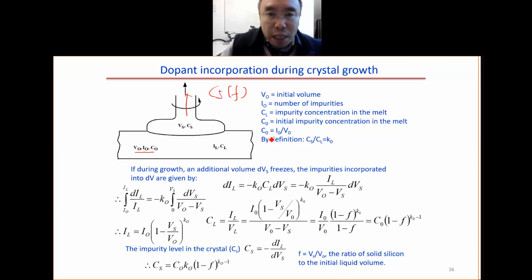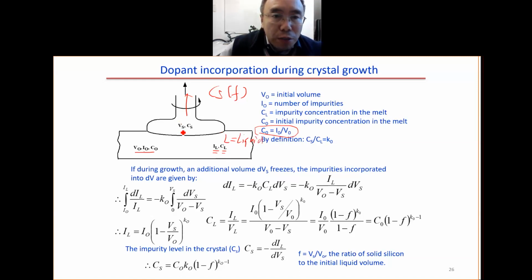Obviously, C equals I divided by volume, the number divided by volume. As the liquid becomes solidified, the total number becomes I and the concentration becomes C. So I means liquid.